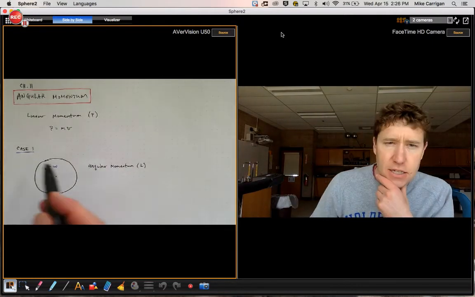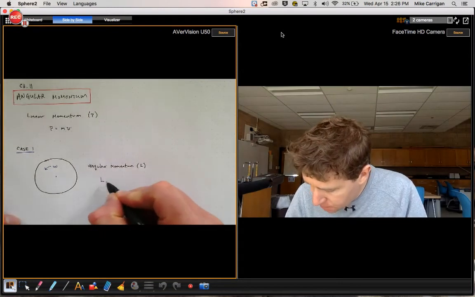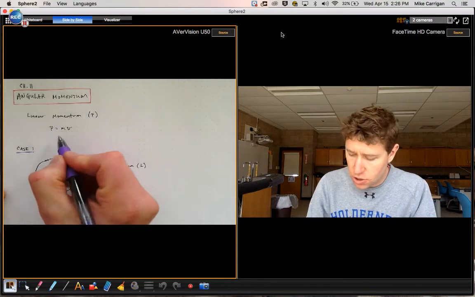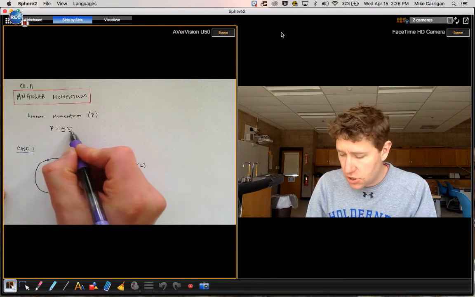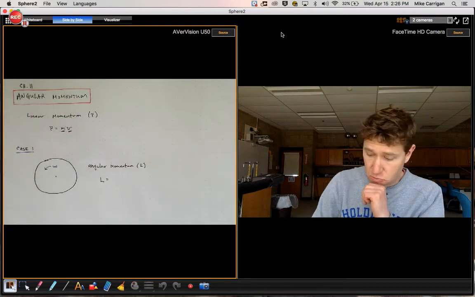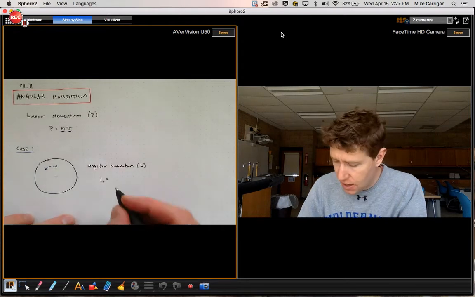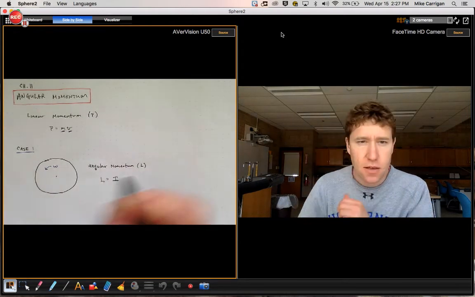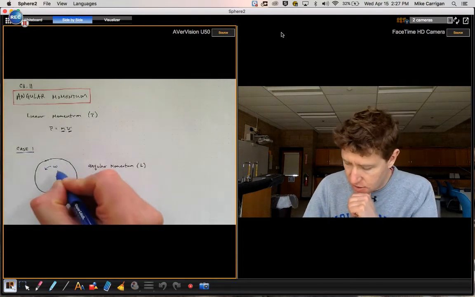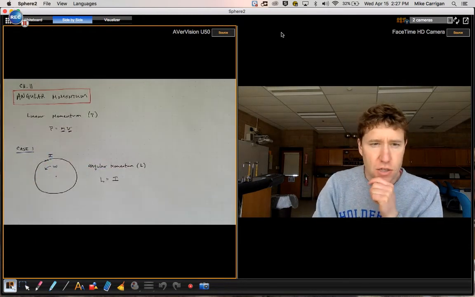I could say the tendency for this thing to want to keep spinning, the angular momentum L, is just going to be equal to our rotational version of mass and our rotational version of velocity. We're just going to use those two quantities that we've already established. So in a rotational system, rather than mass, I have moment of inertia, I. This wheel, I'm imagining it might be a disk, is going to have a certain I, a certain moment of inertia.